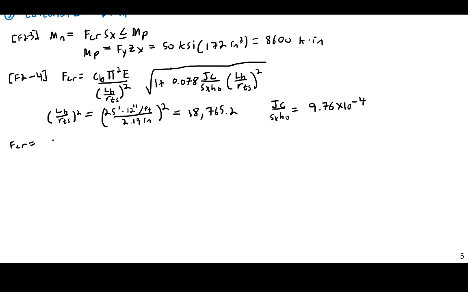And I'm going to have 1.667 times pi squared times pi squared times pi squared times 29,000 over 18,700, and where'd that go? 65.2.